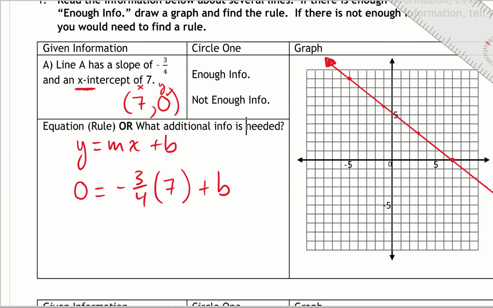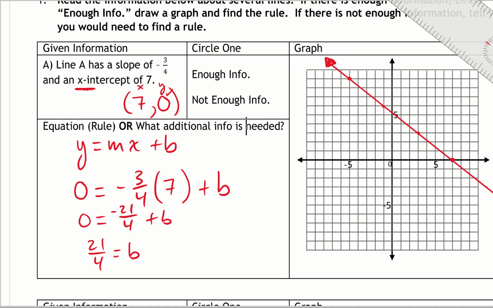This will help me figure out the y-intercept. 3 times 7 is 21, so I can rewrite this as 0 = -21/4 + b, and if I add 21 fourths to both sides, I get positive 21/4 as my y-intercept.